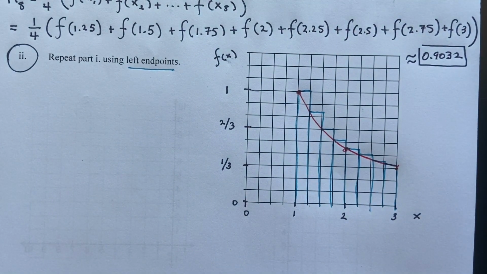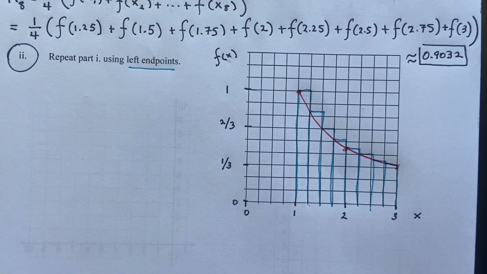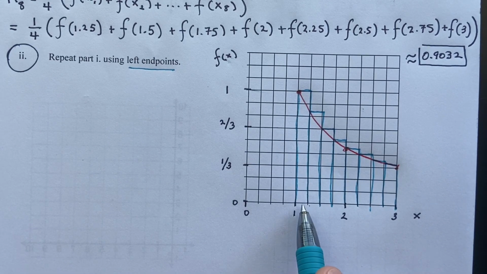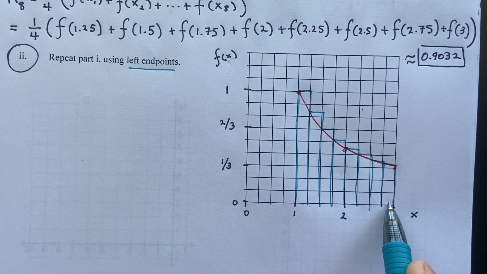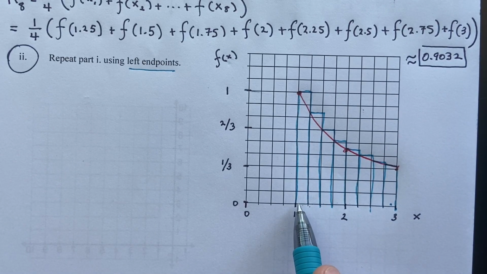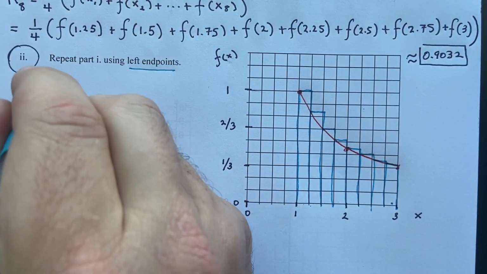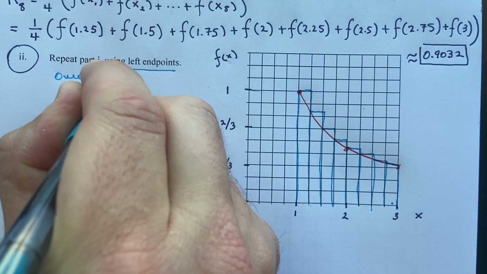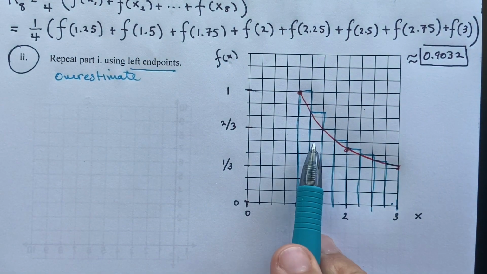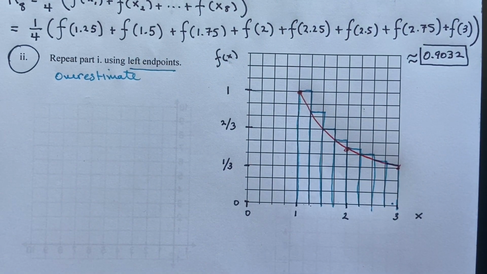Okay, so here is the picture. Again, we have 1, 2, 3, 4, 5, 6, 7, 8 rectangles, and here are the left endpoints. So this will be an overestimate in this case, right?